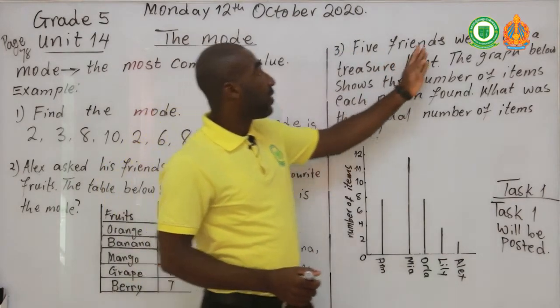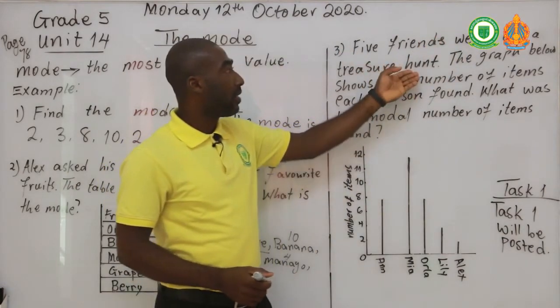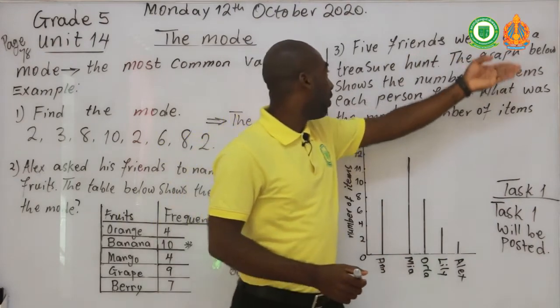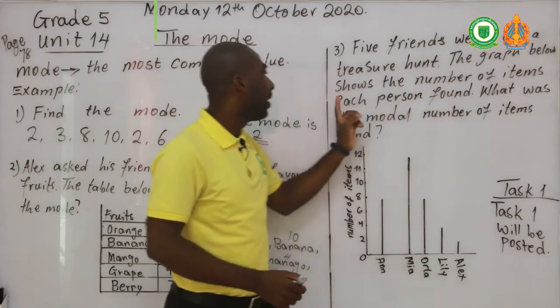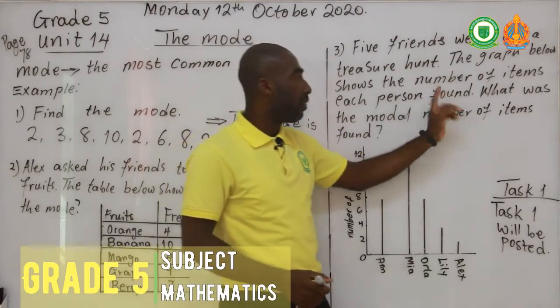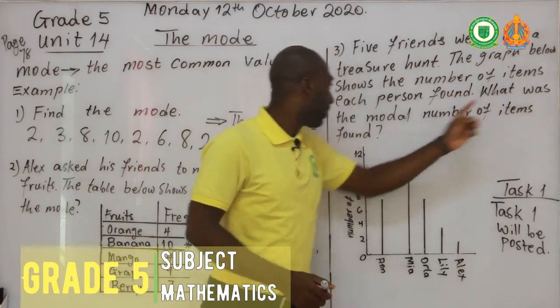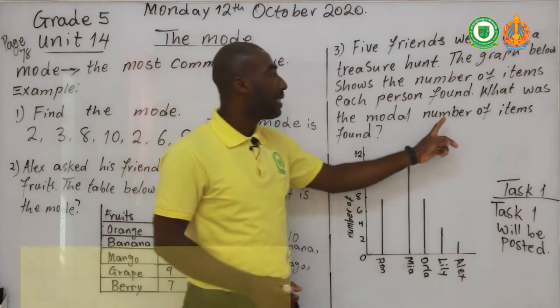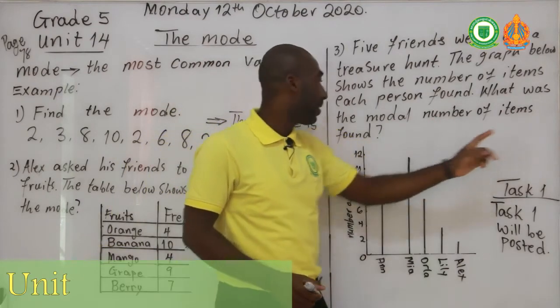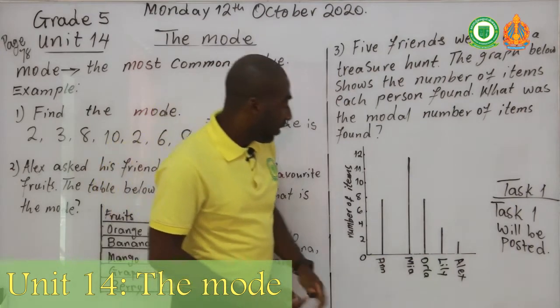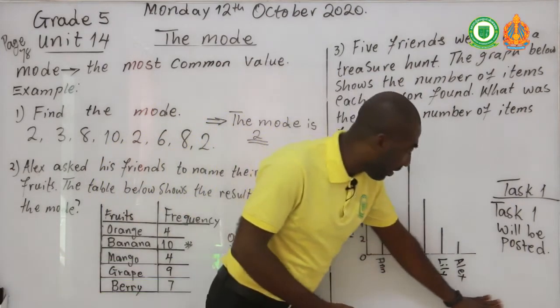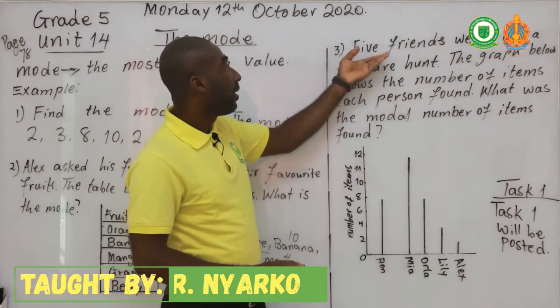5 friends went on a treasure hunt. The graph below shows the number of items each person found. What was the modal number of items found? So we see that these are the names of the 5 friends.